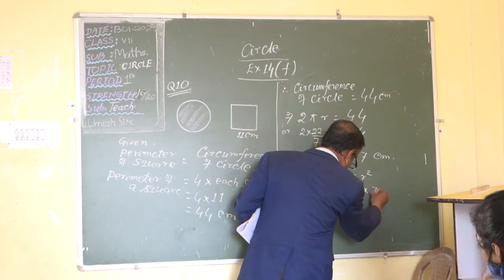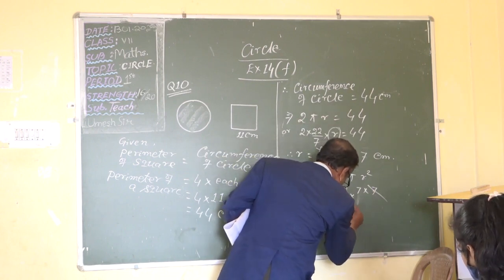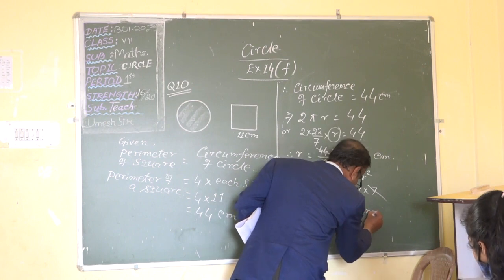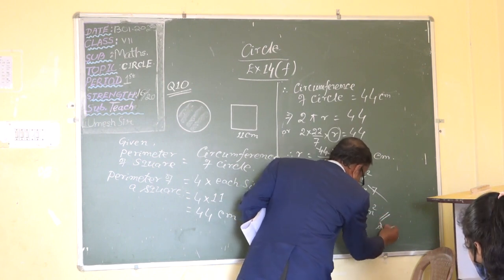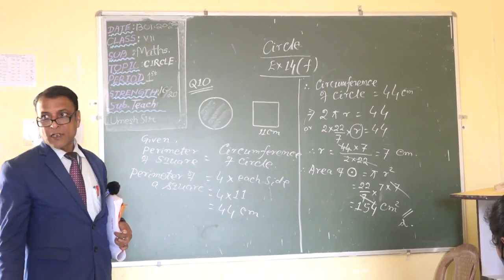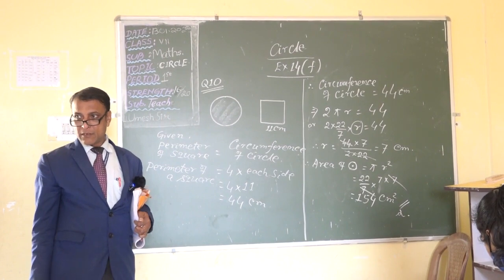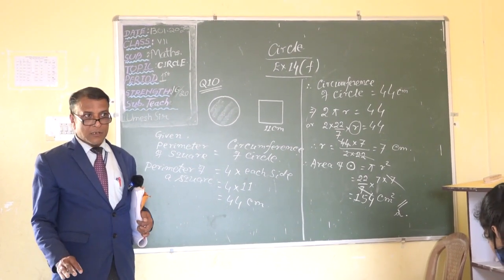R square means 7 into 7. One 7 is cancelled. So this is equal to 154 cm square. That's your answer. So the area of the circle is 154 cm square. Understood or not?